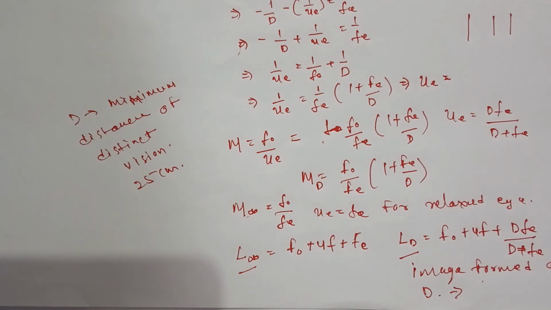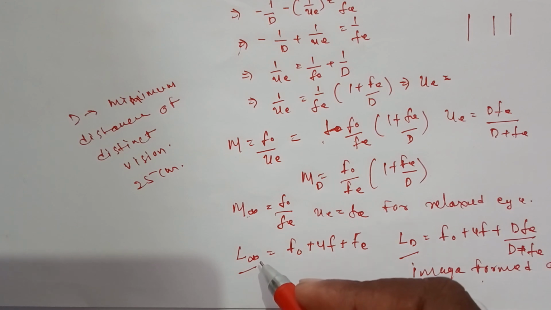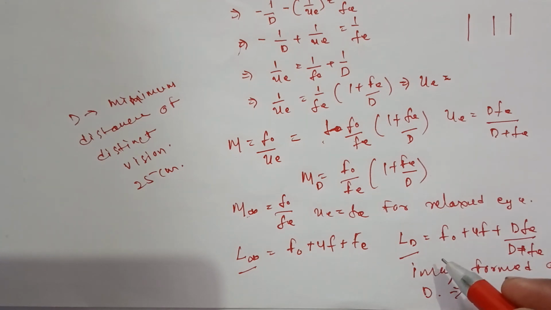So we have found the result in both cases: the length for the relaxed eye condition and the length for the image found at D.